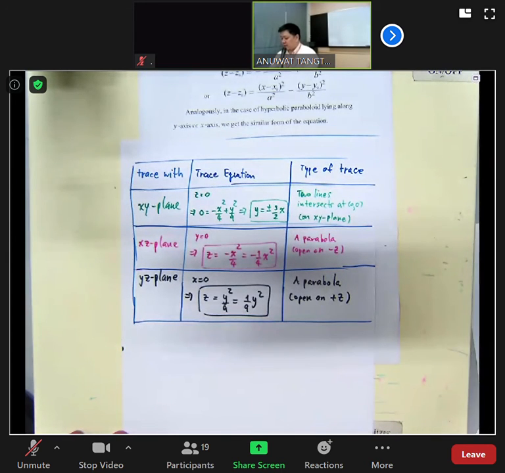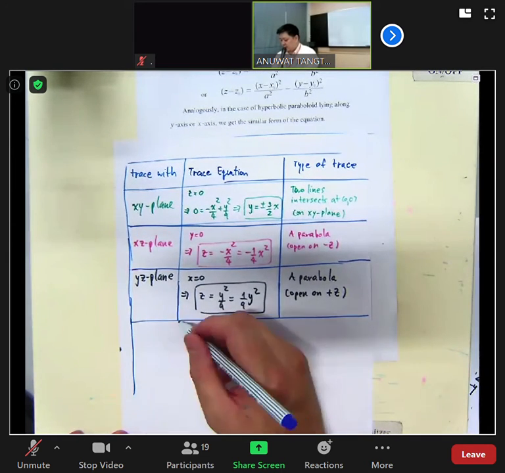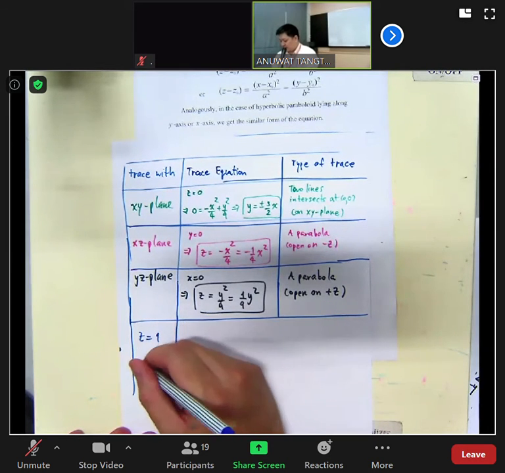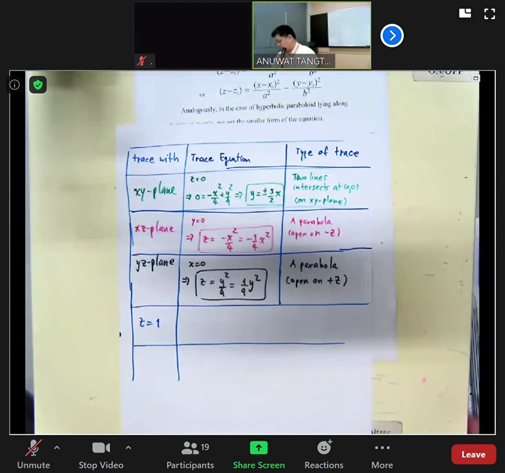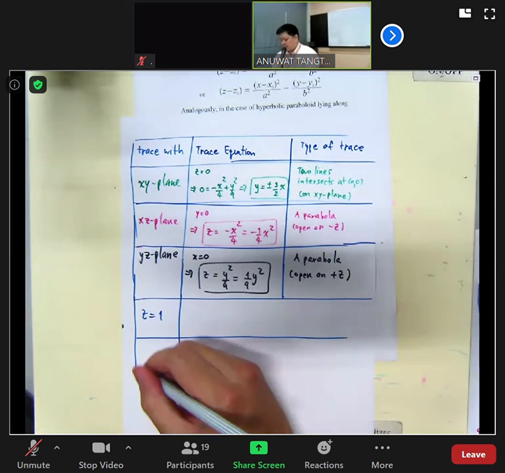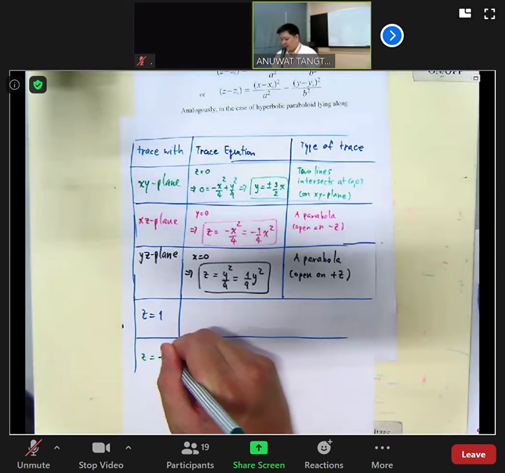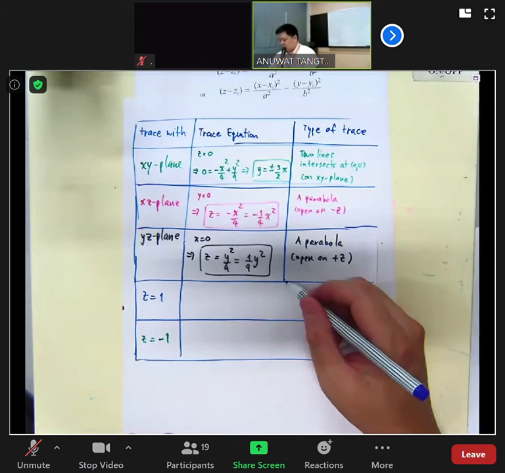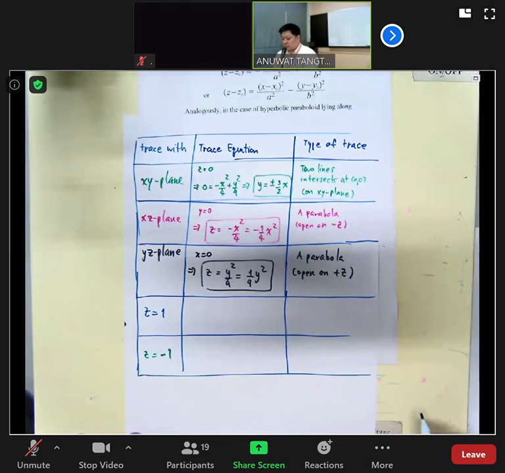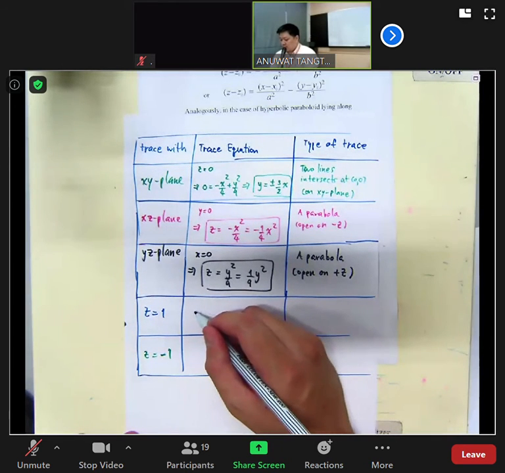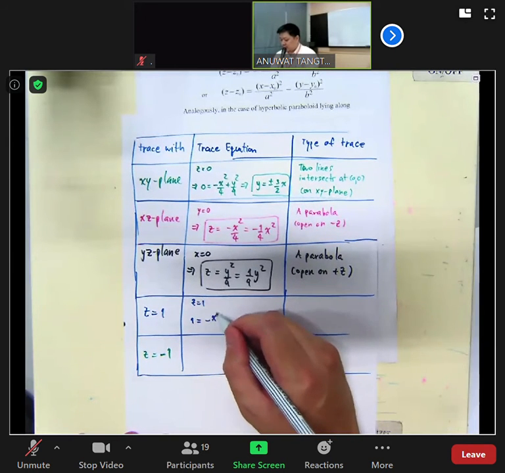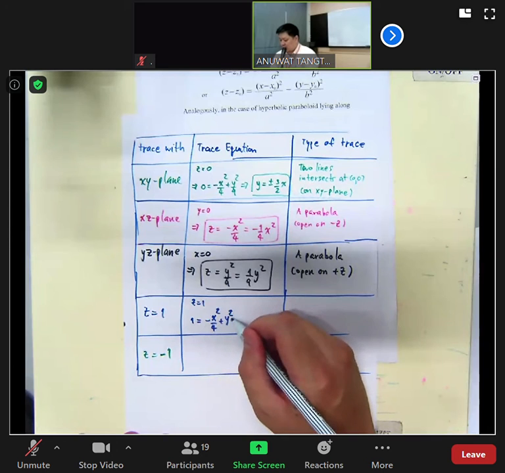But actually, to draw the graph of this better, we may need another 2. So let's say z equal to 1, and I will do z equal to minus 1 as well. We need a lot of traces to get this complicated surface. On z equal to 1, we would get 1 equal to minus x squared over 4 plus y squared over 9.